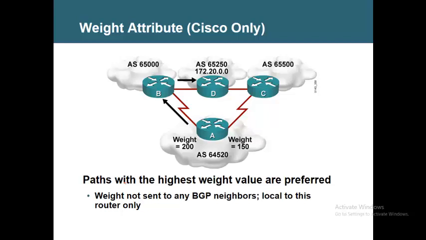What? Weight is local to the router, whereas local preference is local to the autonomous system.